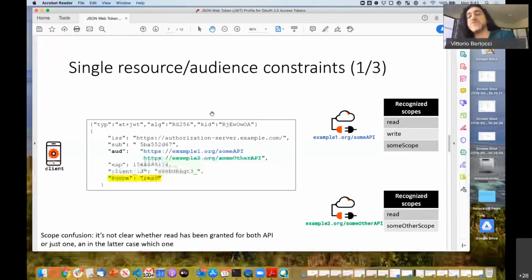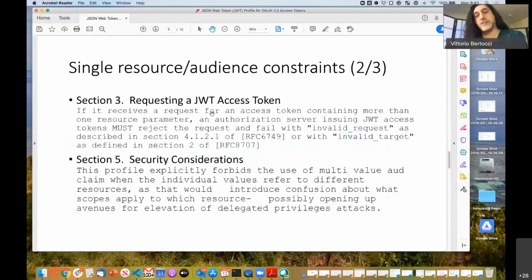So the reason for which today there is a strong language, and in the next slide I have the language that we currently have, is that today the spec requires, actually, let me just show the language.